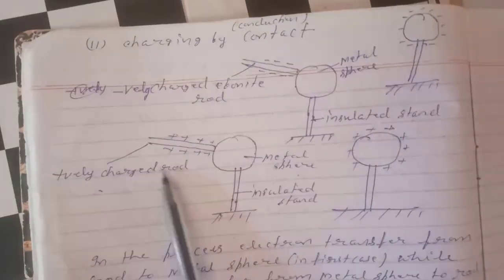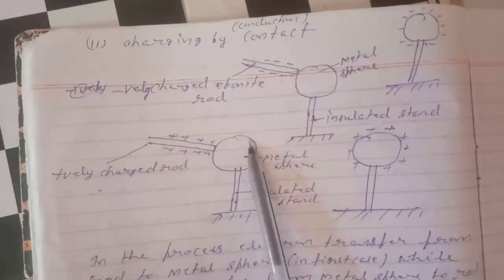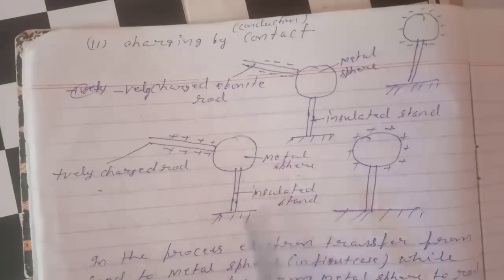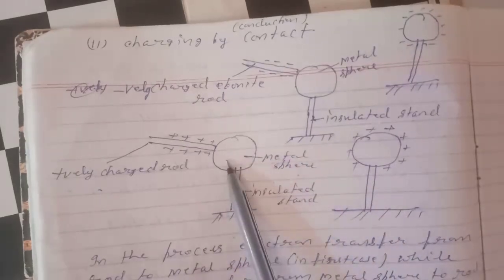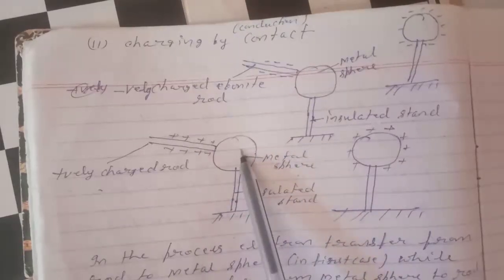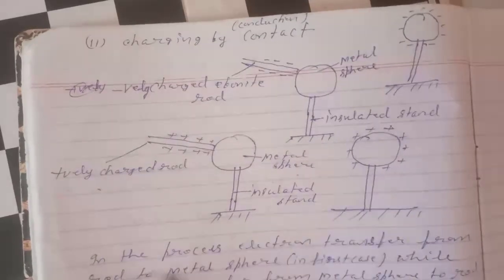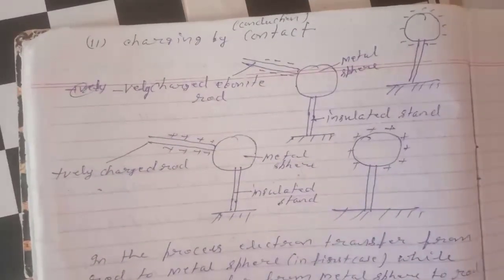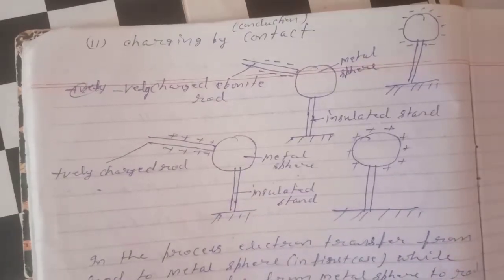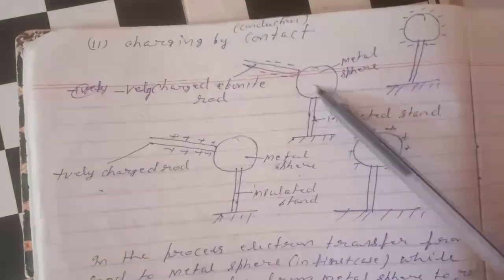Again here, a positively charged rod is brought and touched to the metal sphere, which is on an insulated stand, and some charge will transfer, and this body will be positively charged as shown in the figure. In the process, electrons transfer from the rod to the metal sphere in the first case, while electrons transfer from the metal sphere to the rod in the second case.